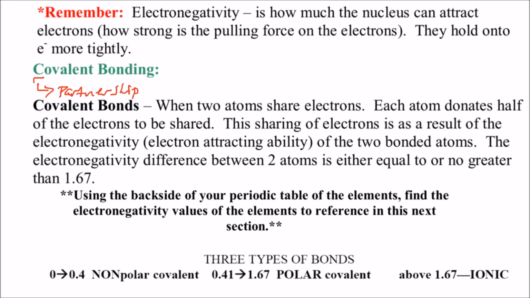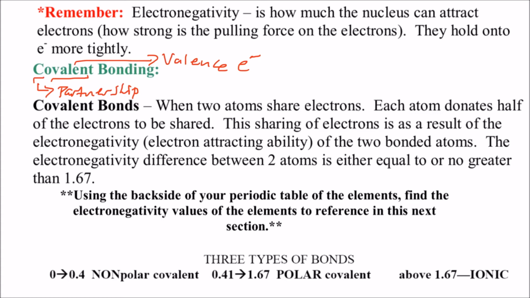Valent is talking about valence electrons. So it's a partnership of valence electrons, and since we're talking about bonding, it's probably between two atoms. So the valence electrons between two atoms have a partnership with each other.